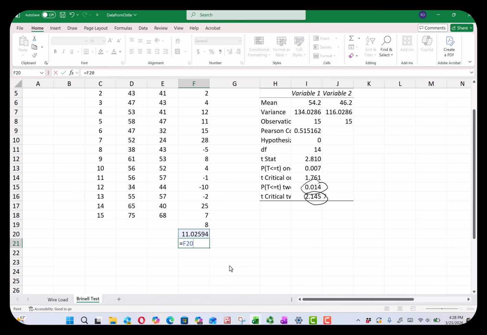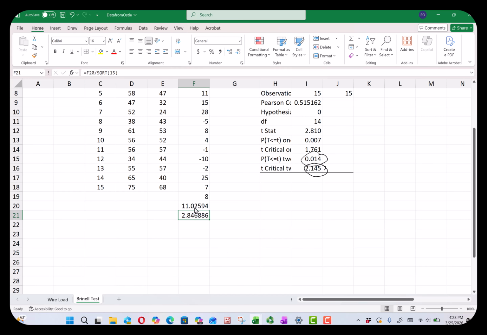So we have standard deviation divided by the square root of 15. And the standard error of the mean is 2.84. And we have, again, more decimals than we ever need.